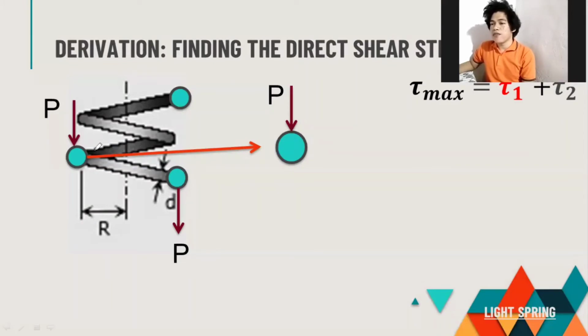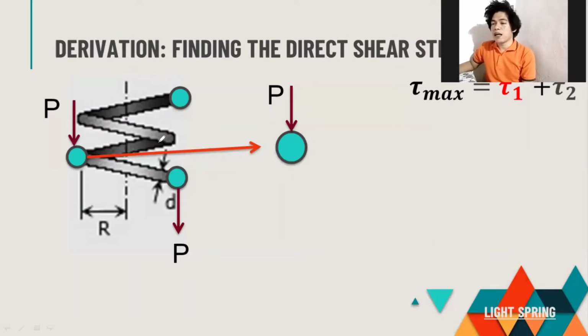So therefore, ang nakikreate natin na stress dito sa ating helical spring is yung ating shear stress, dun sa pinakaloob ng ating wire na ito. Nagkakaroon siya ng shear stress dyan. That is what we call direct. So, direct siya. Direct shear stress. So yan yung dumadagdag na stress dun sa ating helical spring.